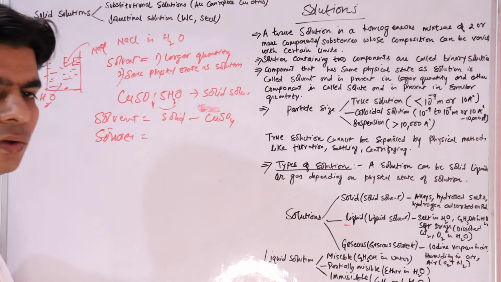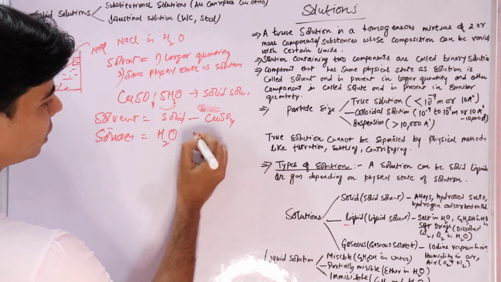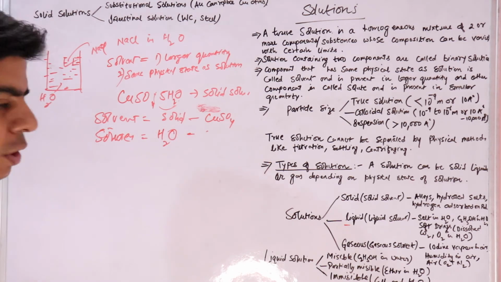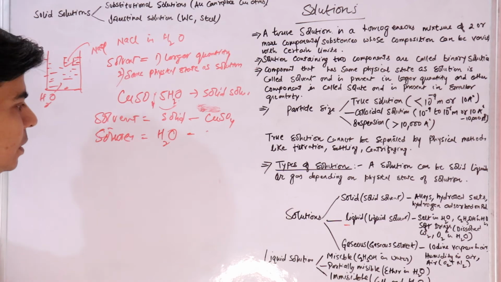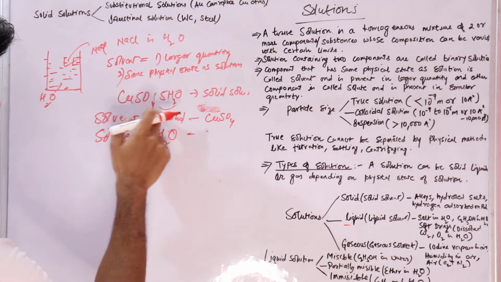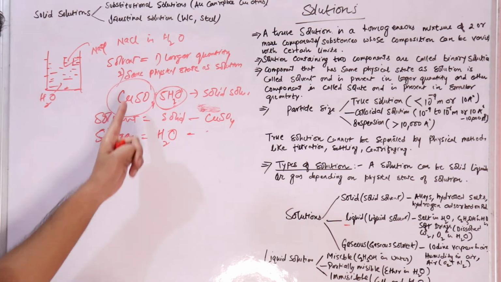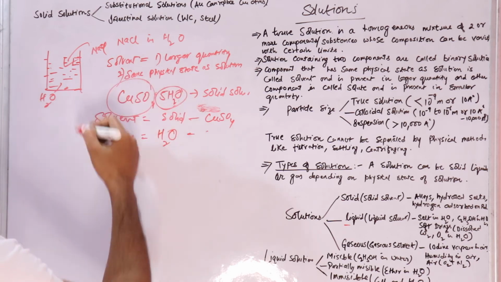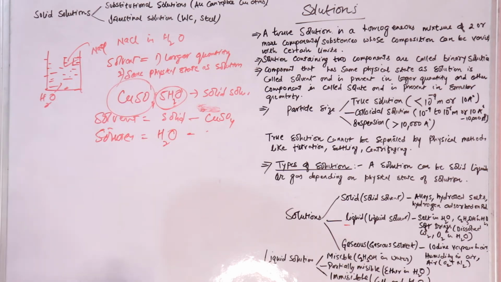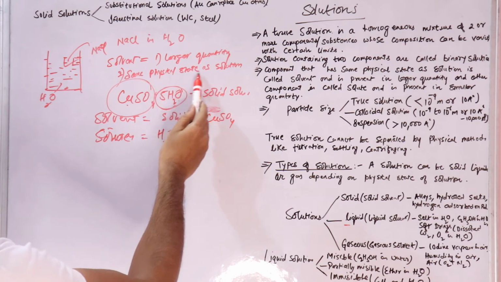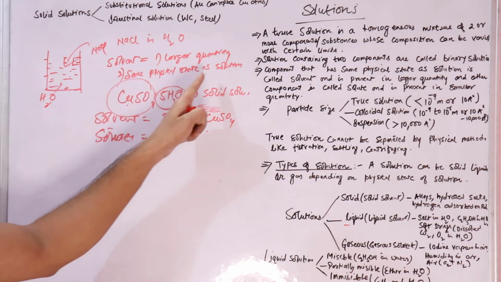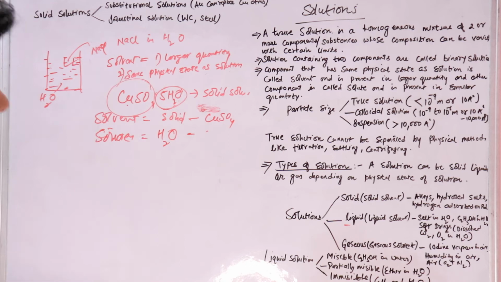Water is in lesser quantity in copper sulfate, so here water is a solute, right? I hope all this is clear to you. This is in lesser quantity, so it is a solute; this is in larger quantity, so it is a solvent, and the physical state would be the same as that of the solvent, which is a solid.